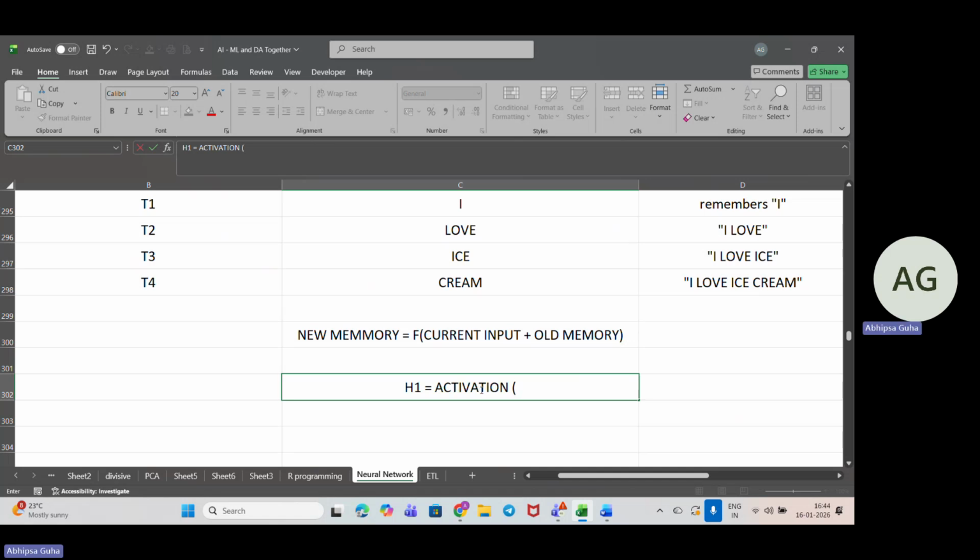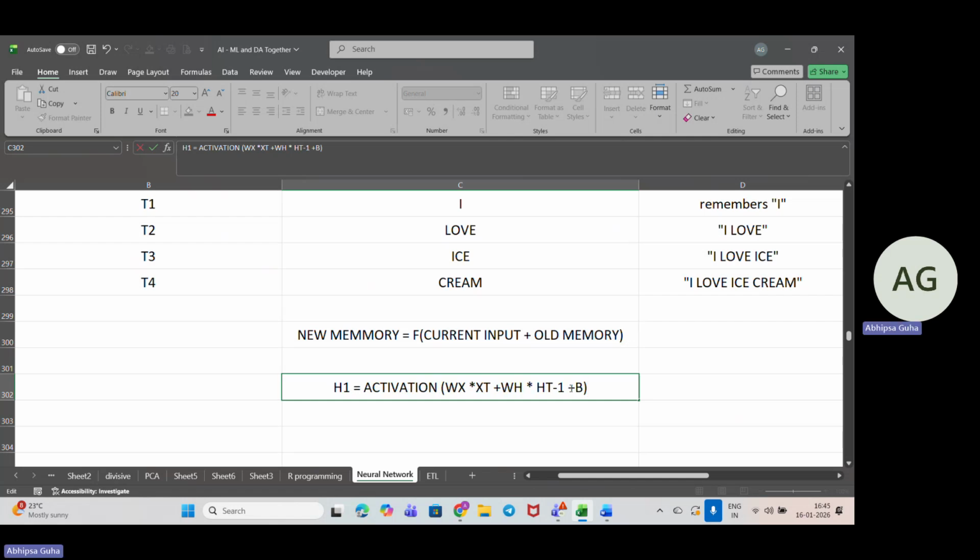Next, what we have is Wx into Xt, plus we are doing Wh into h, let's take it as t, that would be better to understand, it would be t minus 1, plus b. So this is what we have to take.